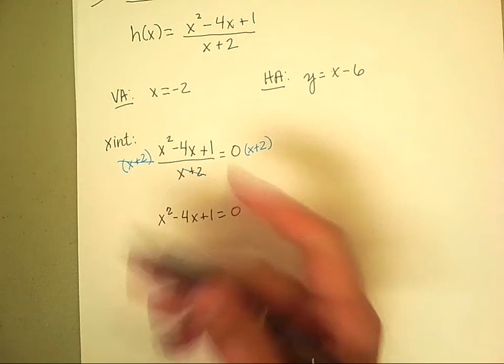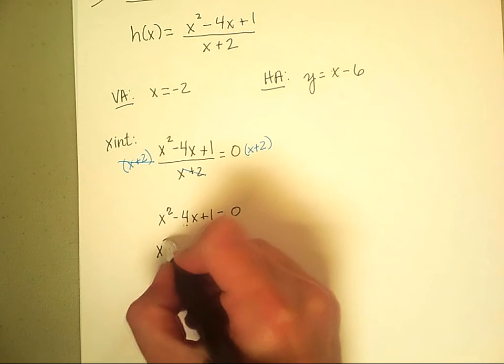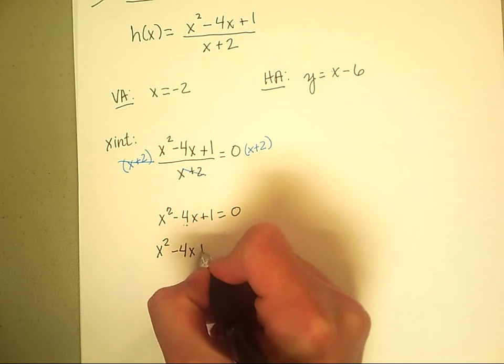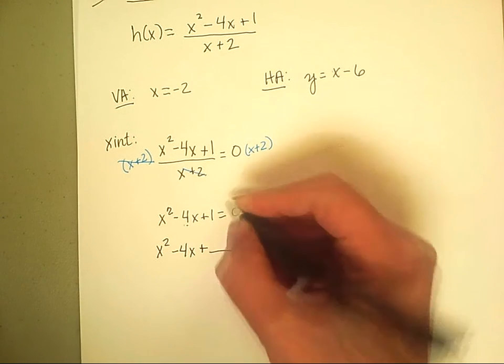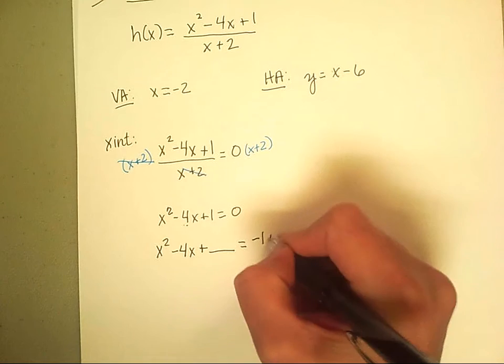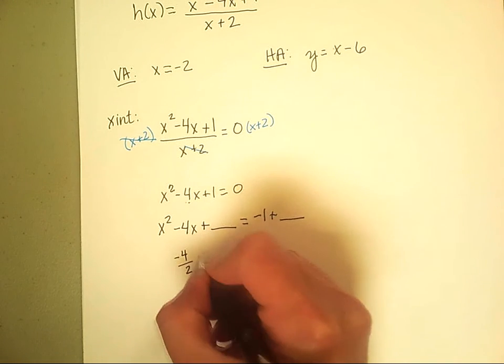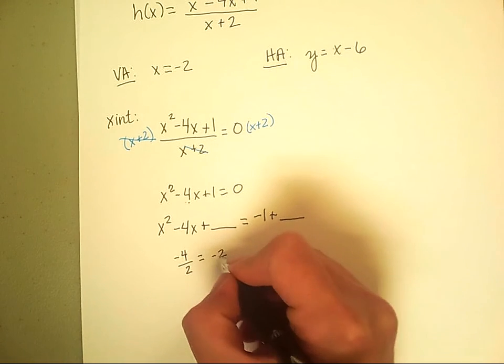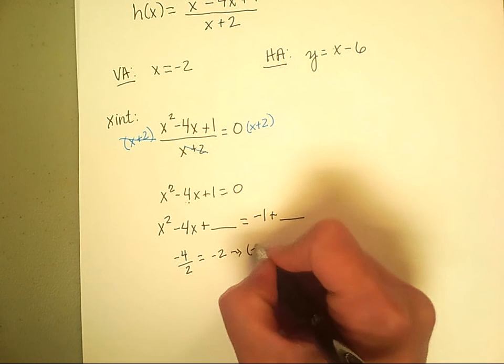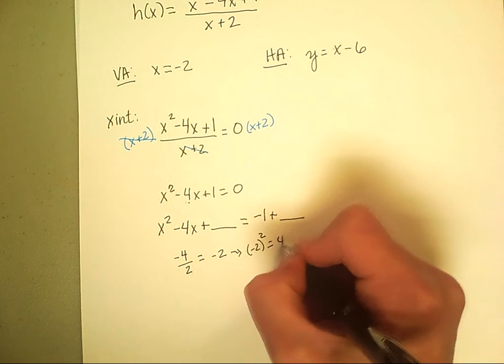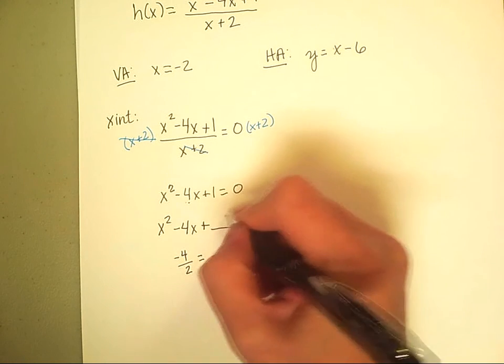This is a really good candidate for completing the square because this is negative, so let's do that. X squared minus 4x plus something. And let me move this 1 over. So minus 4 divided by 2 is negative 2. We have to take negative 2 and square that. And that's what we add to both sides.